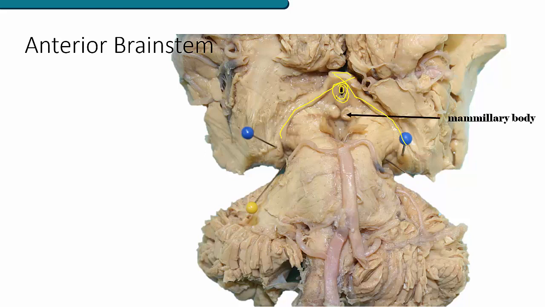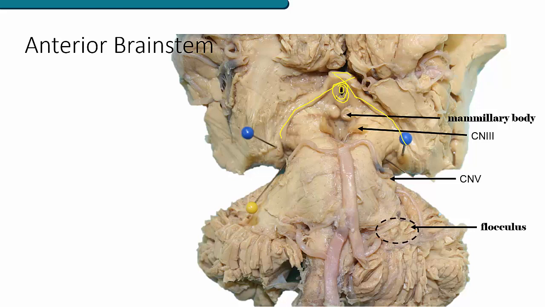Labeling some other structures that we've already identified either in a previous lab or earlier in this lecture, we can see the mammillary bodies there. You can see cranial nerve 3, cranial nerve 5 coming out most lateral on the pons. And we can also see that lovely flocculus component of the cerebellum.